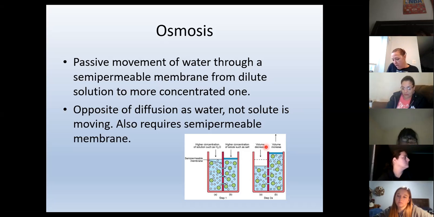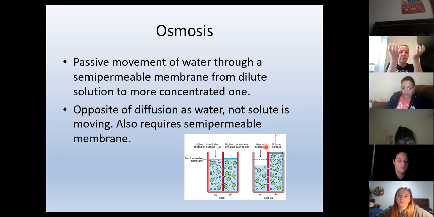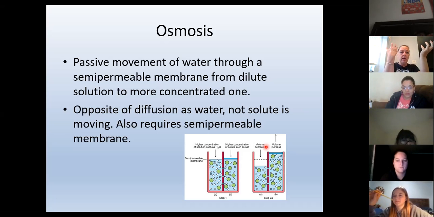So when we are looking at osmosis, if I have an area of concentrated and an area of not concentrated, and I want these two areas to be even Steven, I need to move water to make them equal. I have dilute and concentrated.